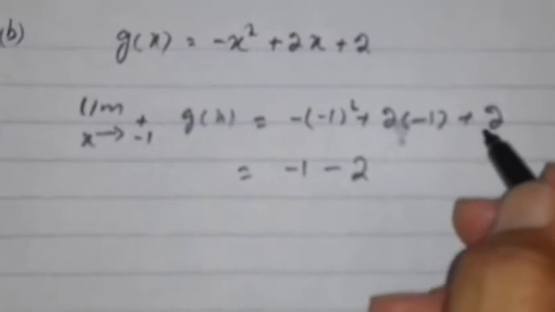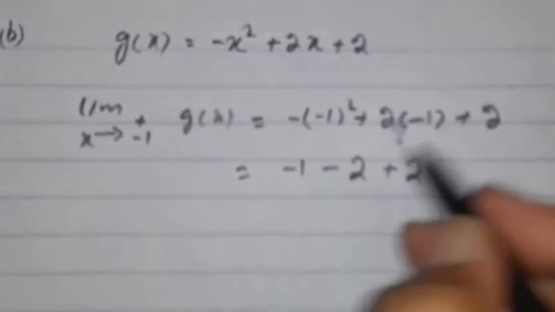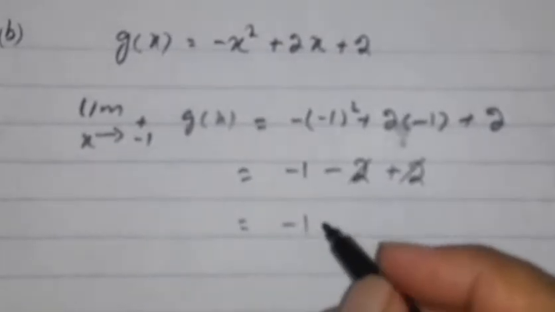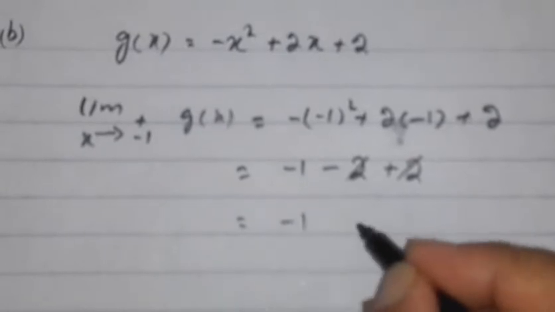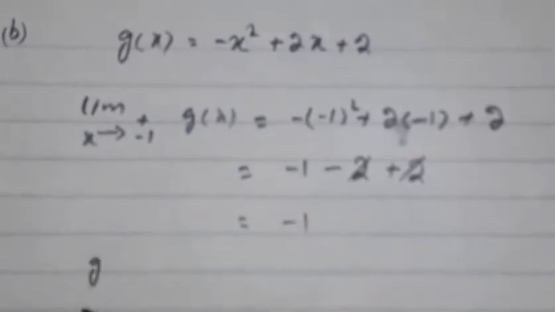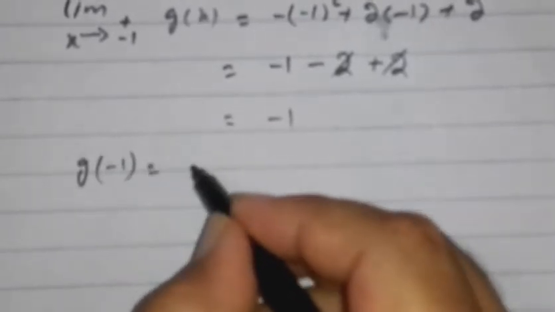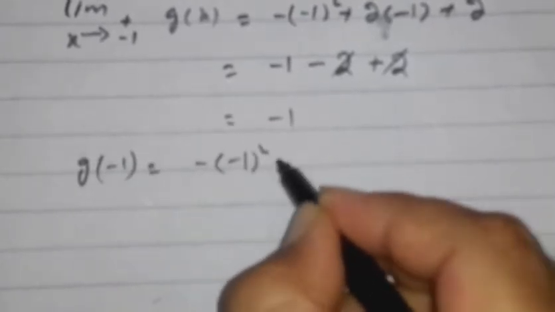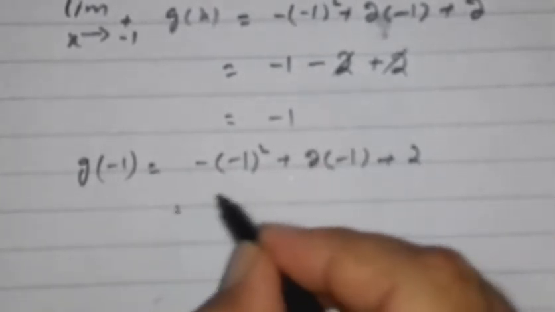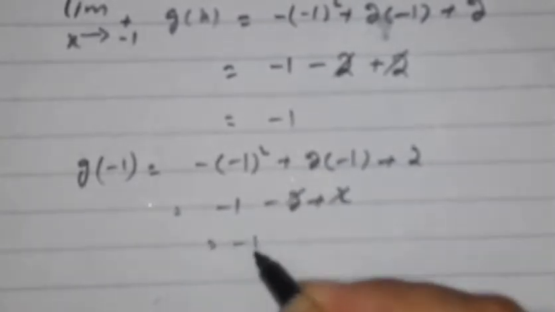Plus 2, these two cancel with each other, we get -1, so the limit exists. And now g of -1 equals -1 square plus 2 into -1 plus 2, which equals -1 -2 plus 2, these two cancel, -1.